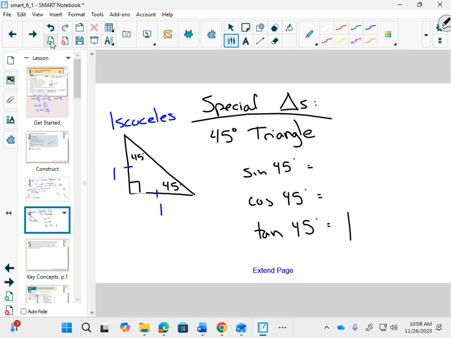If I have both of those sides as 1, how did I do this? What did I just do? A squared plus b squared equals c squared. Can you see that 1 plus 1 would be 2, and then that would be c squared, so I square root it?